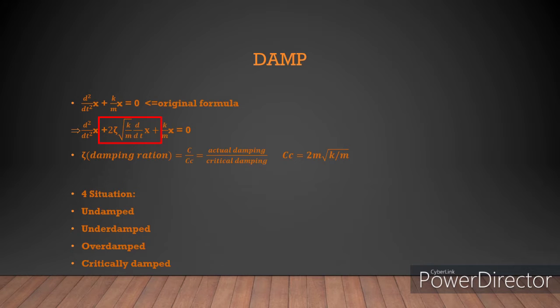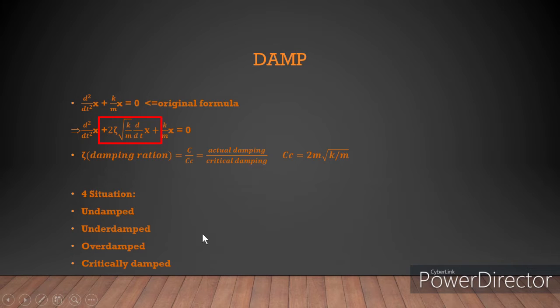Zeta equals actual damping divided by critical damping. And critical damping is related to M and K. We get a new ODE. And how does the spring vibrate for different zeta? There are 4 situations: undamped, underdamped, overdamped, critically damped.